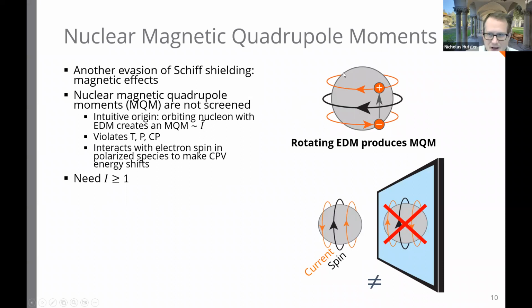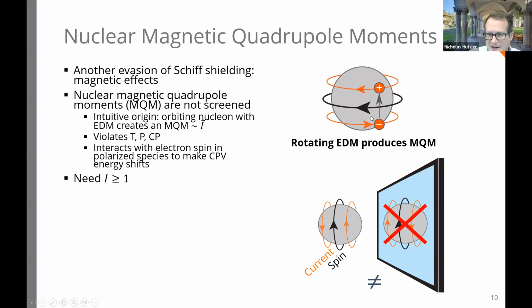If you imagine a nucleus with a valence nucleon orbiting around the nucleus, giving rise to a nuclear spin, and that nucleon has a dipole moment, which would violate all these symmetries, as it orbits around, it would create a quadrupole moment. So an orbiting electric dipole creates a magnetic quadrupole moment.